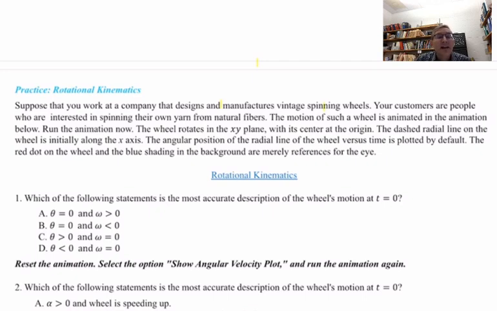A says that the angular position is equal to 0 and the angular velocity is greater than 0. B, the angular position equals 0 and the angular velocity is less than 0, negative. C, the angular position is greater than 0 and the angular velocity is equal to 0. D, the angular position is less than 0 and the angular velocity equals 0. I'd like you to try that for yourself. Pause the video, of course, if you wish to do so. Think about it, please, and then come back.